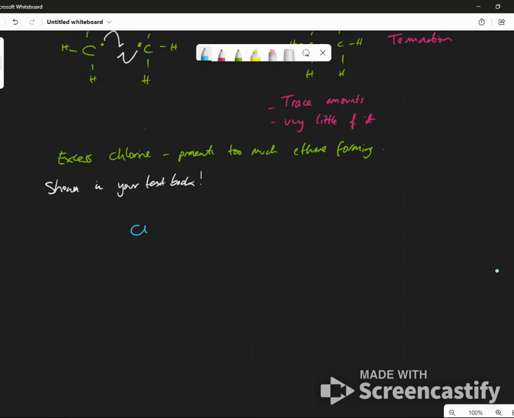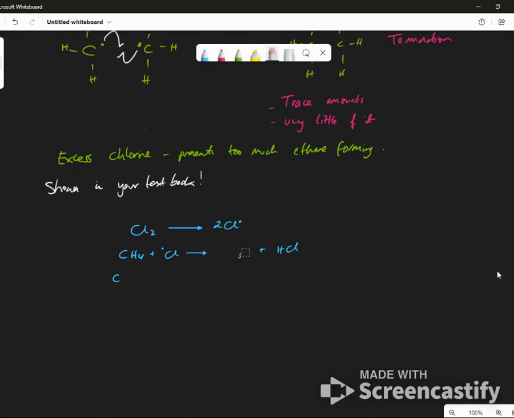They do this. Cl2 goes to 2 Cl dot. And then they say CH4 plus Cl dot goes to CH3Cl plus HCl, and then, oh, that's wrong, isn't it? Sorry, that's rubbish.